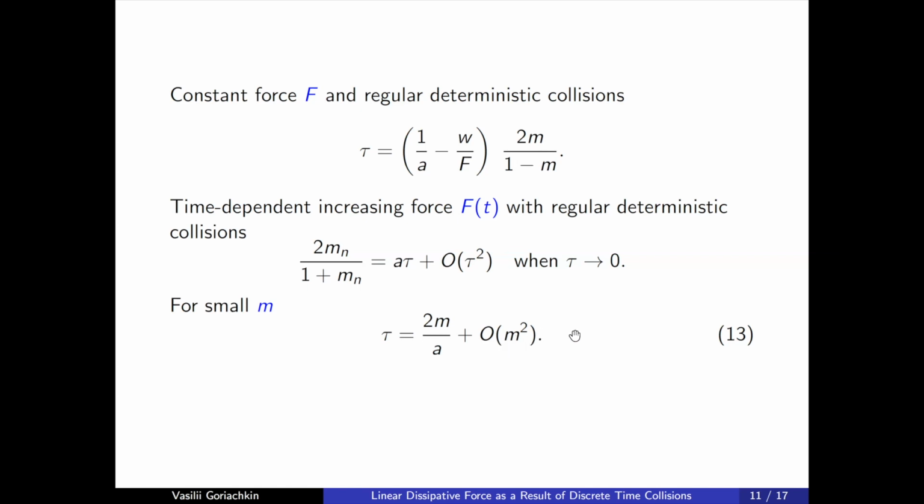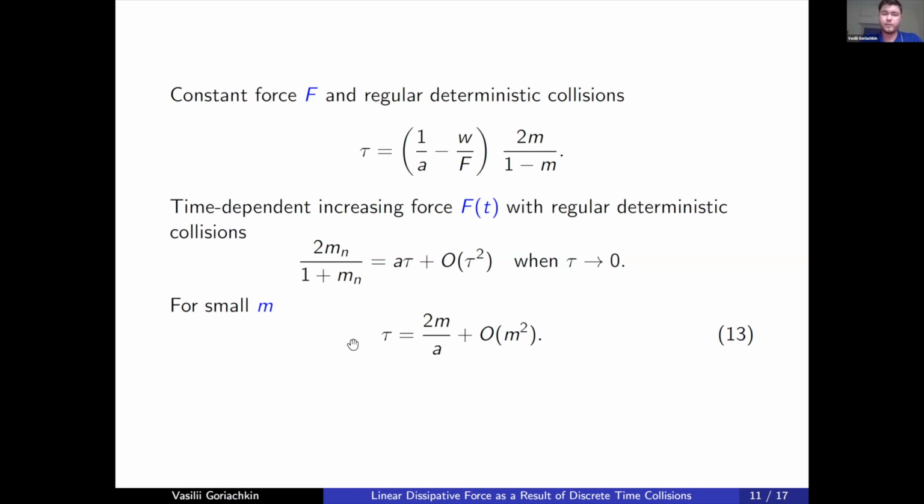What is a? This is the very first parameter for the friction force. In our differential equation, we have minus A times V. So this is just A, the parameter for the friction force. This A comes from the friction model, and the mass M and tau come from the model with collisions.